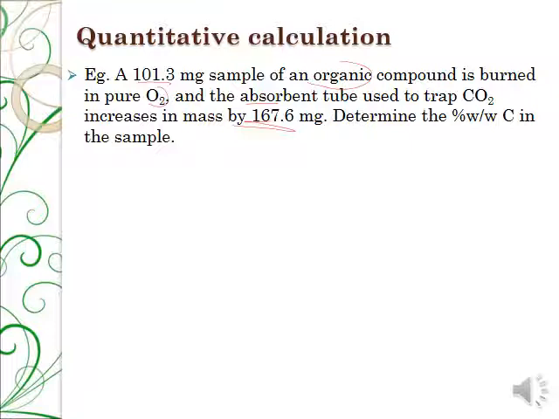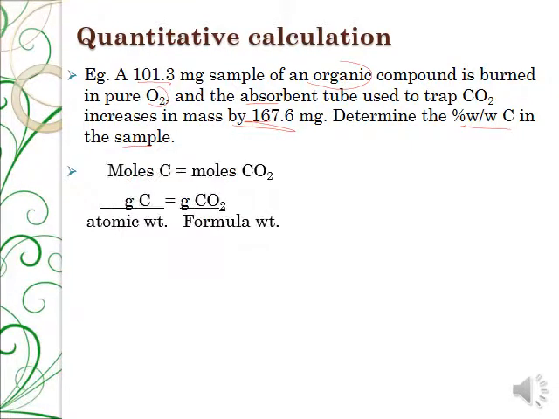Determine the weight over weight percent of carbon in the sample. Now how are we going to answer this question? The question wants us to solve weight over weight percent of carbon, and that is represented by the carbon dioxide produced from the reaction.